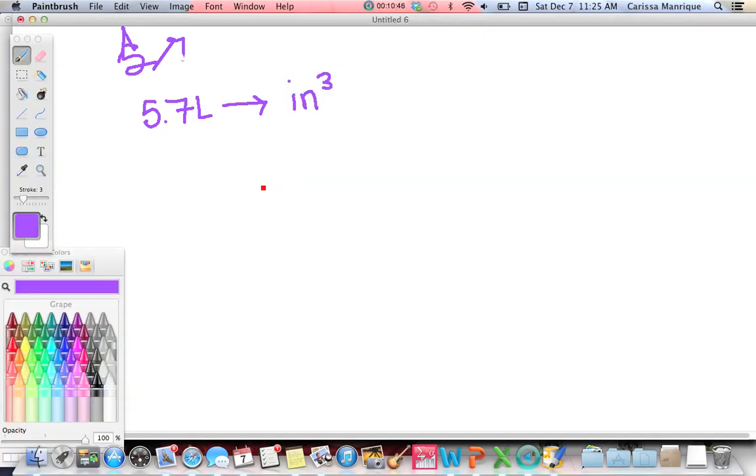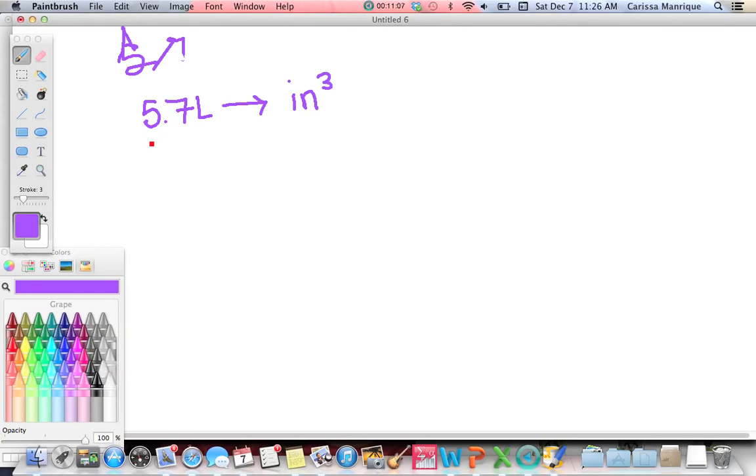Let's write down everything we know. Sometimes these are a puzzle, trying to figure out how to get to the final unit, and that just comes with practice. You'll see, okay, liters to inches cubed, I can go from this, to this, to this, and get it. Again, this is just practice.